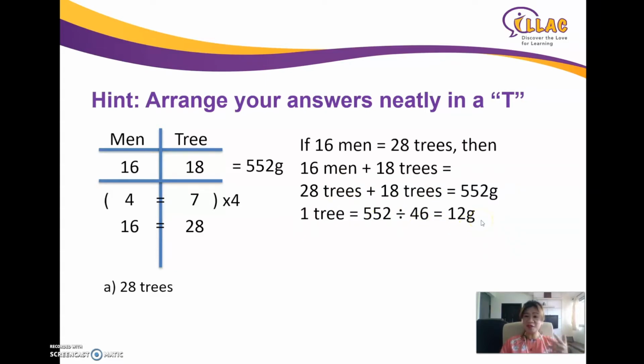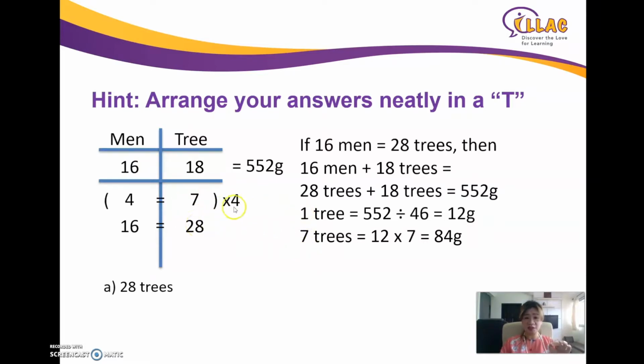The moment you get here, you will know how to solve already. Some children will take 18 trees times 12, subtract it from the total, divide by 16 to get 1 man, and then add 1 tree and 1 man together. Otherwise, you can do it this way with smaller numbers.